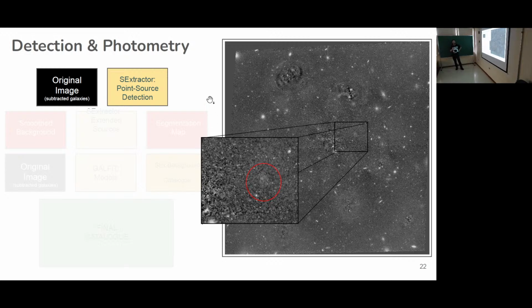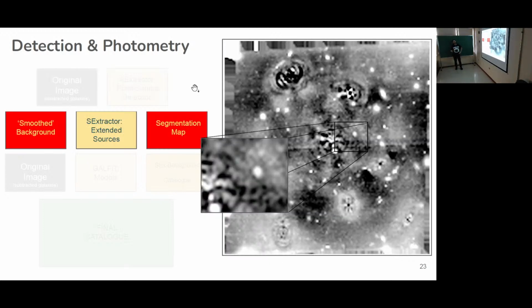So to actually be able to more efficiently detect those objects, we use Source Extractor, which is a photometry detection software very popular in extragalactic astronomy, to detect all the point sources in this image. So things like intracluster globular clusters, etc. With that, we are able to get a background image from all the rest in the image that is a smoother representation of the original image.